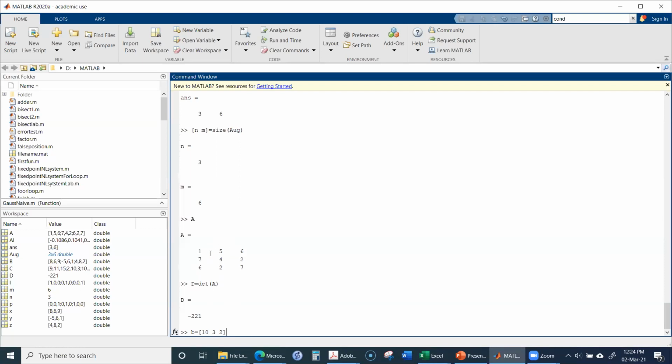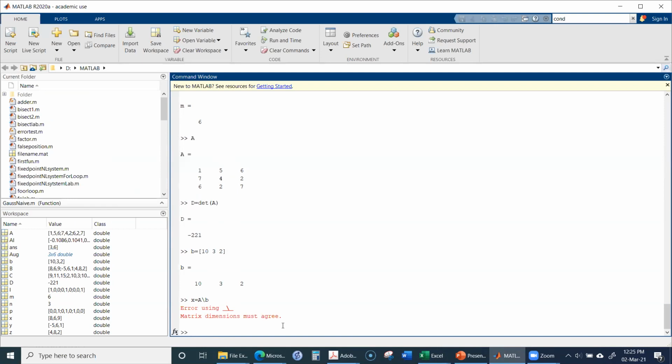So first we write the matrix A, then the matrix B. And if we want to solve it for the values of x, it's very easy in MATLAB. We put x is equal to A backslash B, and it will give us the answer.